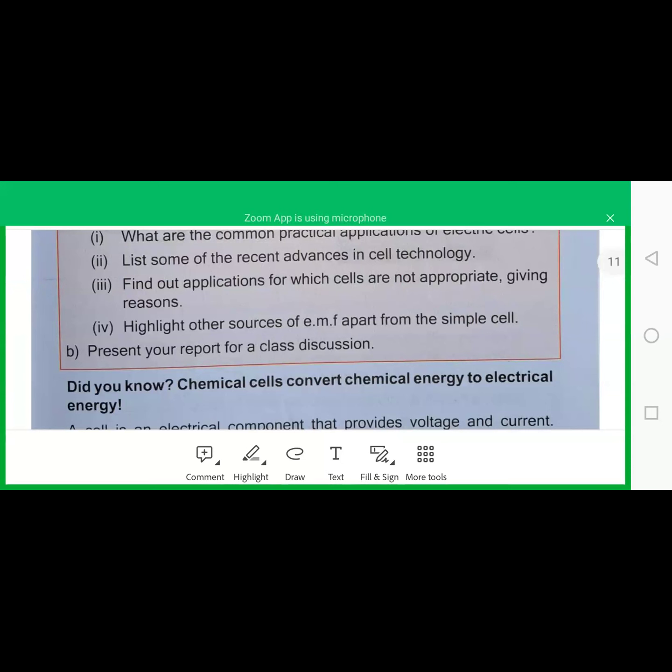Then someone says Bluetooth devices. Isaac says inductors, batteries, and generators. That's what's coming in from the chat.